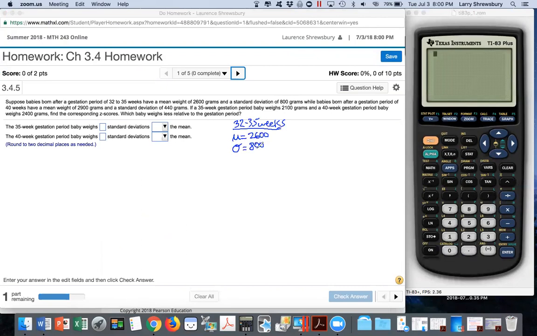While babies born after a gestation period of 40 weeks will be another population. Let's call it the 40 plus weeks. That's a different population because it's going to have its own mean and its own standard deviation, and they're going to give that to us.